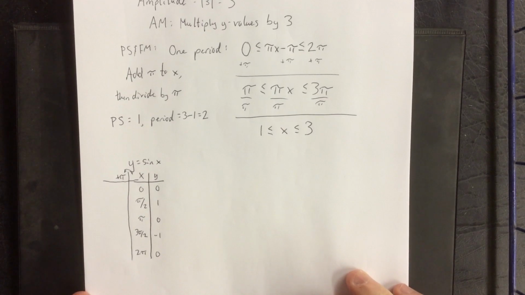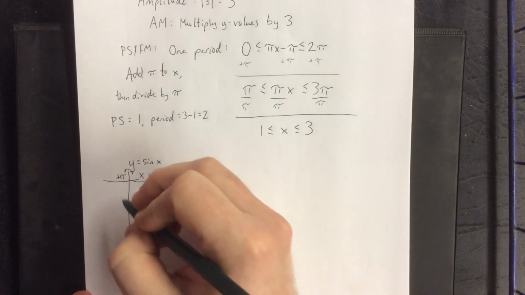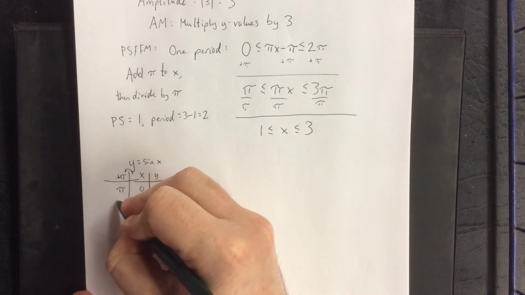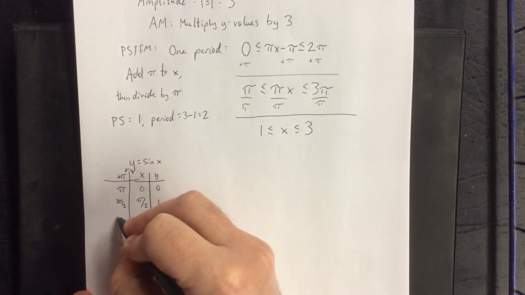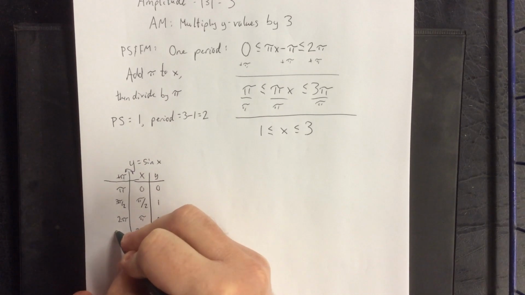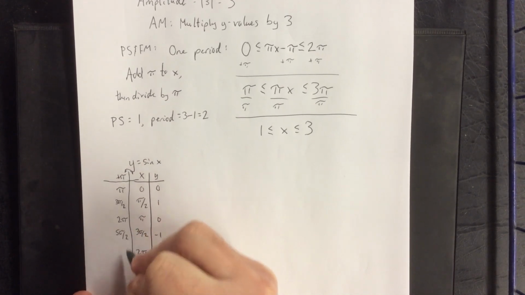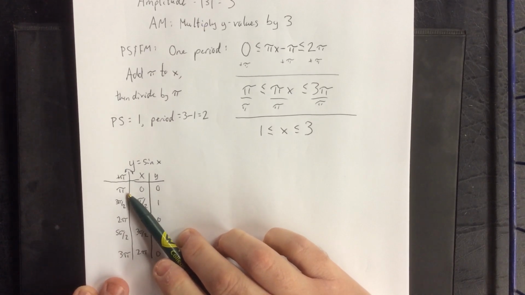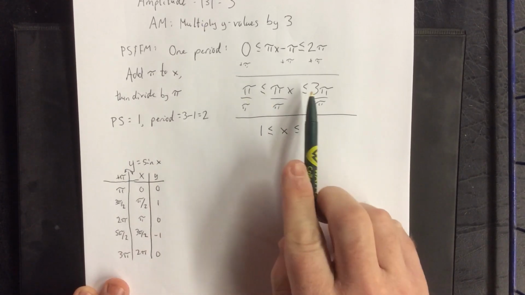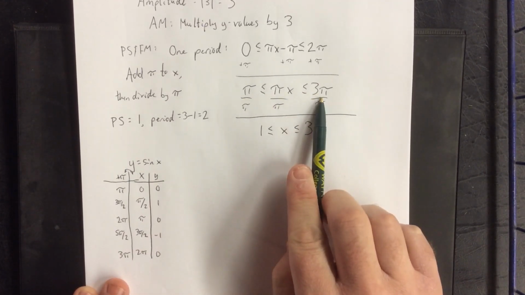Adding pi to each of these values with a common denominator would be adding 2 pi over 2, so we'll call that pi, 3 pi over 2, 2 pi, 5 pi over 2, and 3 pi. Please note that the pi and the 3 pi that we get here are the same as the pi and the 3 pi that we got as part of the process back here.